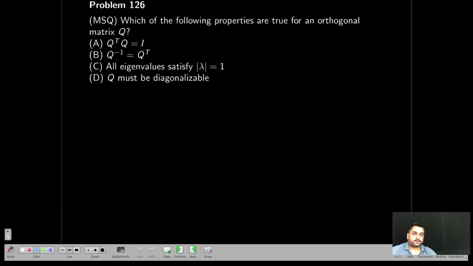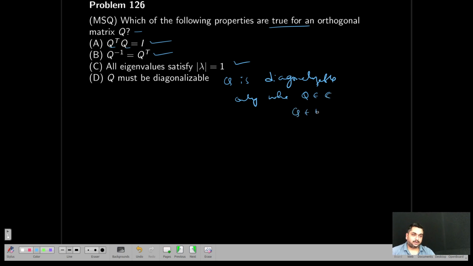Which of the following properties are true for an orthogonal matrix? Q transpose into Q equal to I. Q inverse equal to Q transpose. Then eigenvalues satisfy mod lambda equal to 1. This is also true. Q must be diagonalizable. So here, remember this, Q is diagonalizable only when Q belongs to complex numbers.